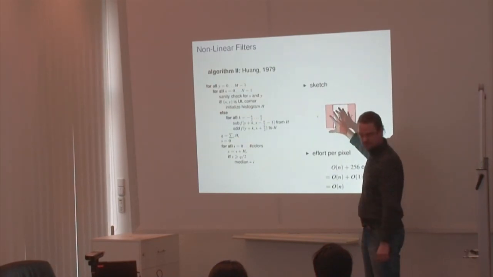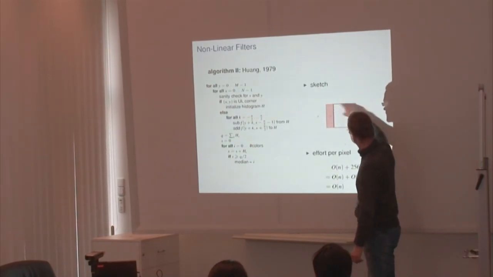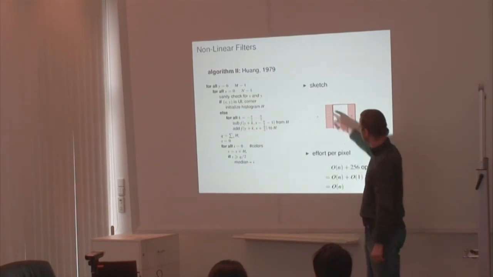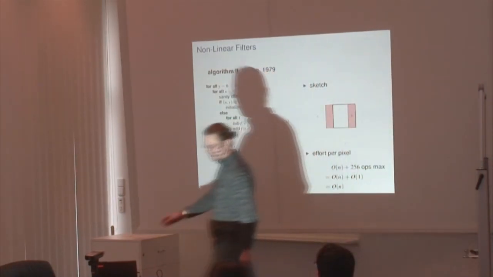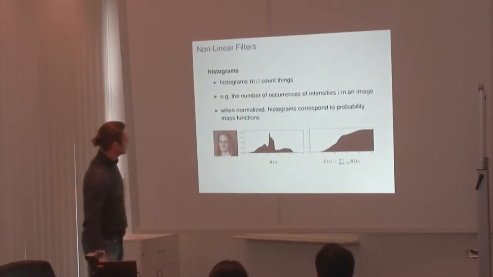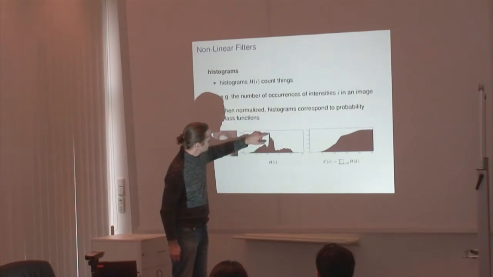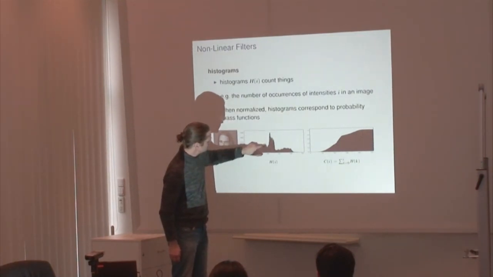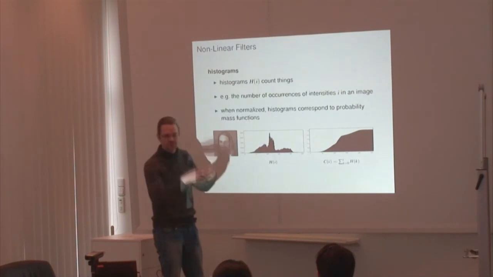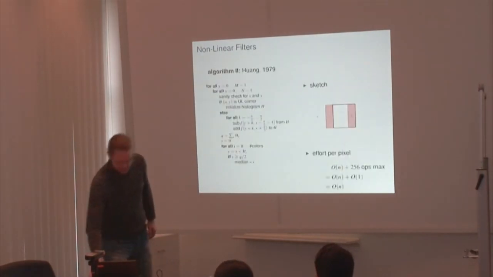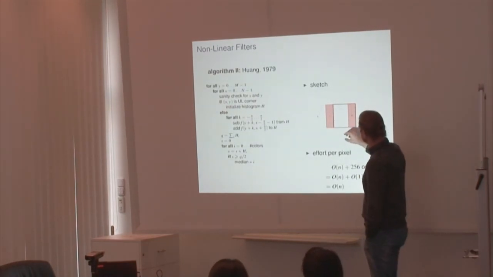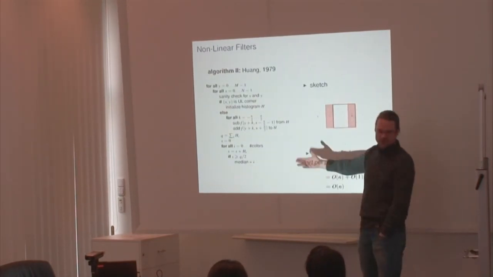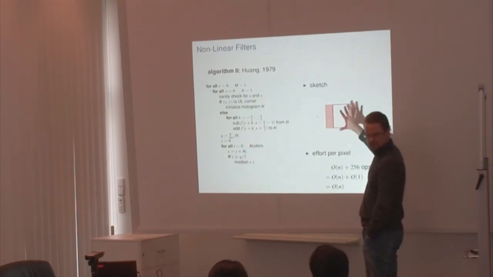Given the histogram we had here, we remove, in our case, 3 pixel values from the histogram. That is to say, for instance, we would remove 1 pixel here, 1 there, and 1 there, because those were the 3 intensity values in this little column. And we have to increase our histogram again by 3 pixel values, namely those 3.